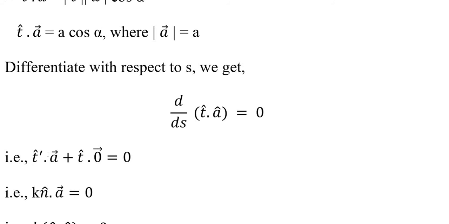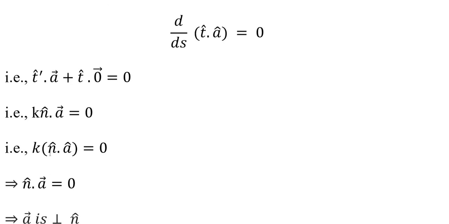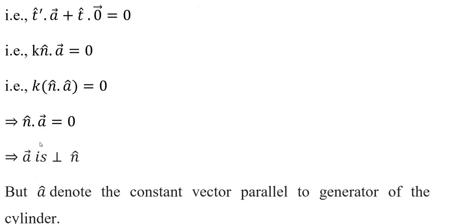By the Serret-Frenet formula, T dash equals kappa n, so kappa n dot A vector equal to 0. Taking kappa as a constant outside, n cap dot A vector equal to 0. We know that if the dot product of two vectors is 0, these vectors are perpendicular. Therefore A vector is perpendicular to n cap.